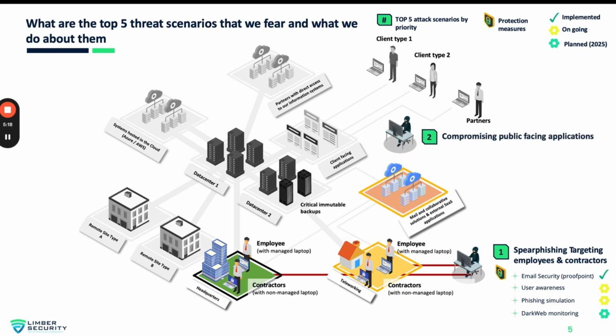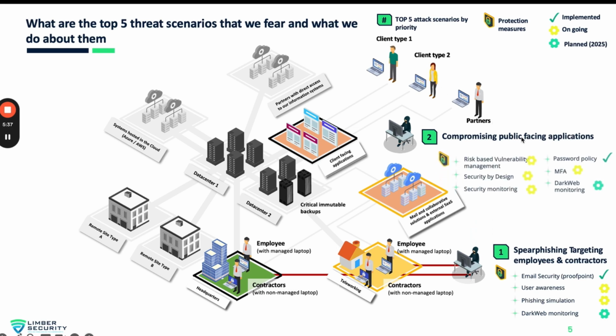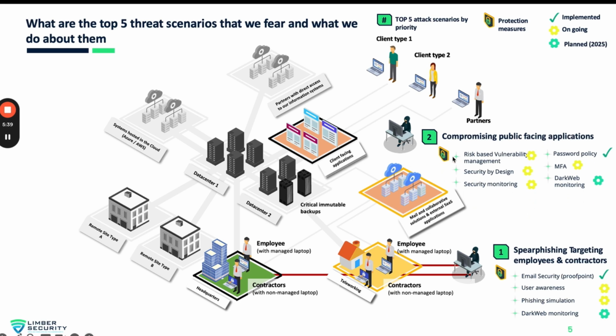The second threat scenario that you could use is a threat actor compromising public-facing applications because they are exposed. And here it will target the application itself, but also the clients and partners themselves. You could present a program of vulnerability management, and if you have something more advanced, risk-based vulnerability management.